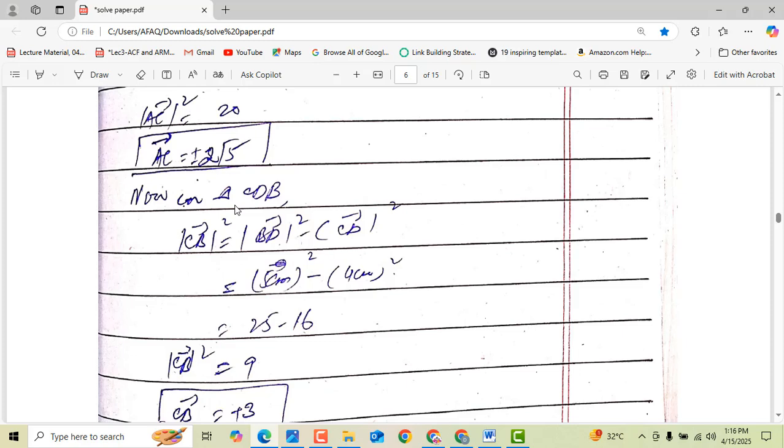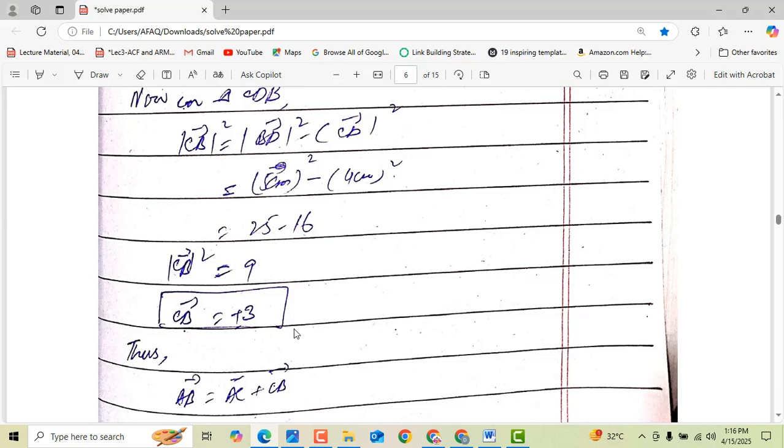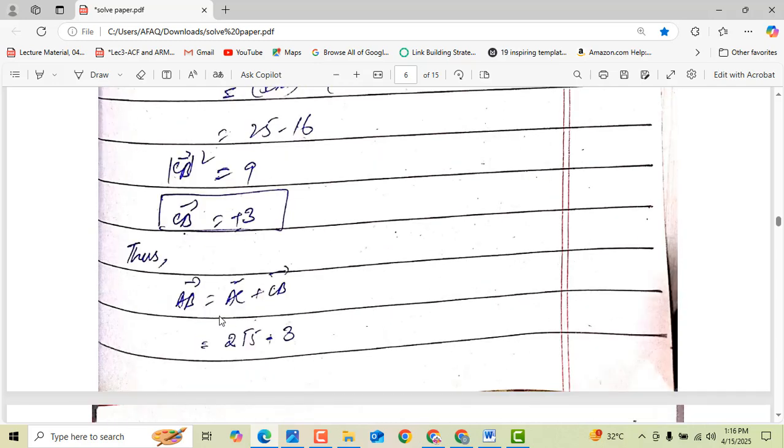Now in triangle CDB, CB square is equal to DB square minus CD square, 5 cm whole square minus 4 cm whole square, 25 minus 16, which is equal to 9. So taking the square root of both sides, CB is equal to plus minus 3. So AB is equal to AC plus CB, 2 under root 5 plus minus 3.